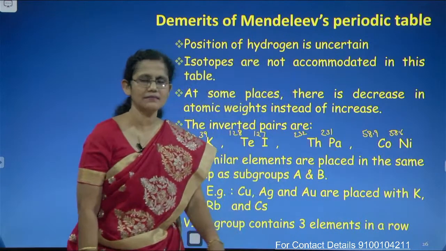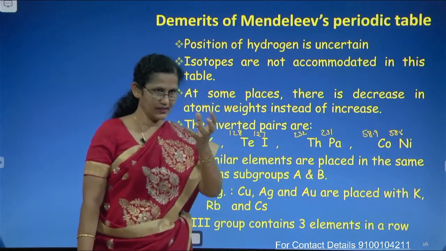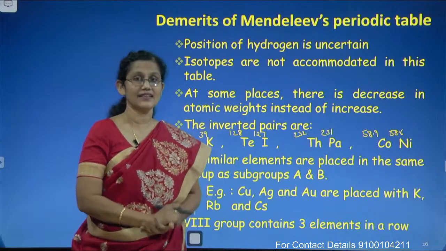So at certain places, instead of an increase in atomic weight, there is a decrease. This is a limitation, a drawback of Mendeleev's table.